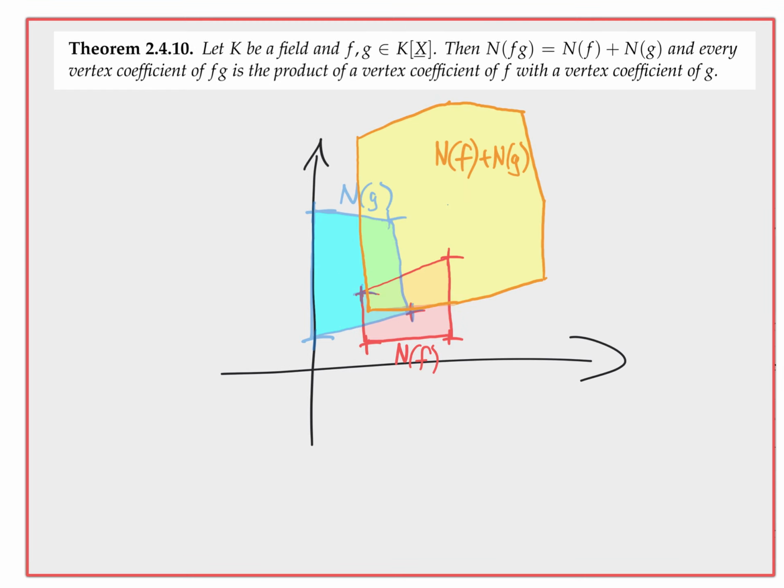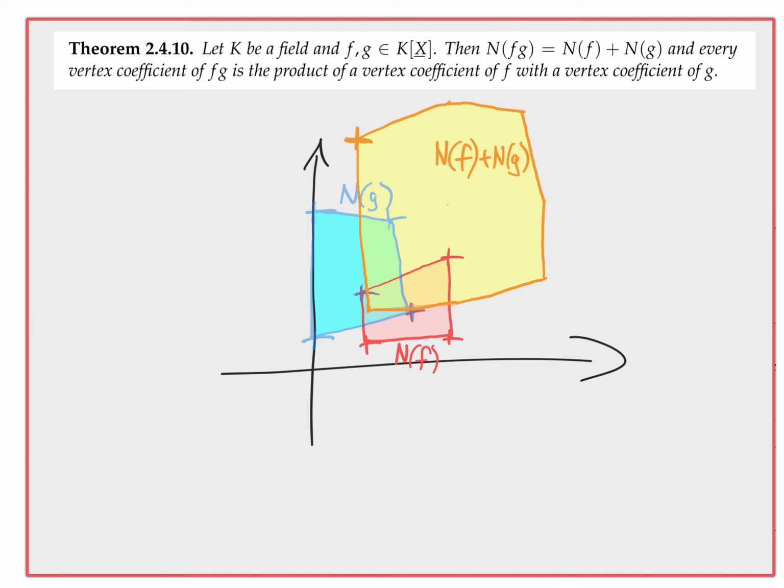So that's now the sum of the two Newton polytopes, right? And what's the support of a product? If you multiply f with g, what can you get? You can multiply this monomial with this monomial, and this will give you this monomial, right?